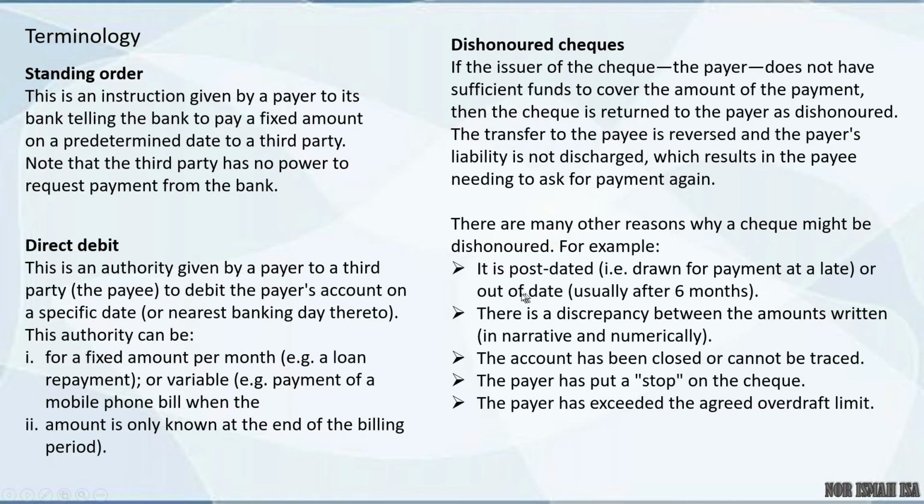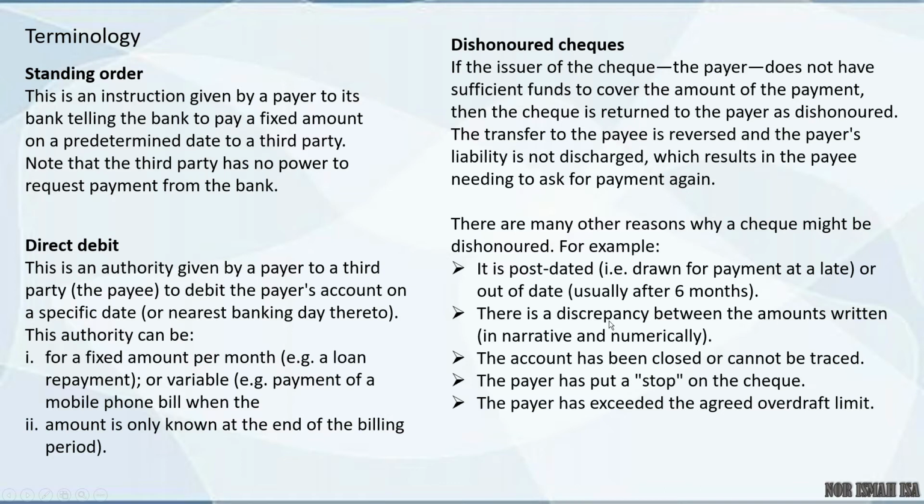So the date the check is sent to the bank, but the check date is already outdated, so it cannot be paid. So it becomes an outdated, dishonored check. So no money can be transferred to the business as stated in the check.